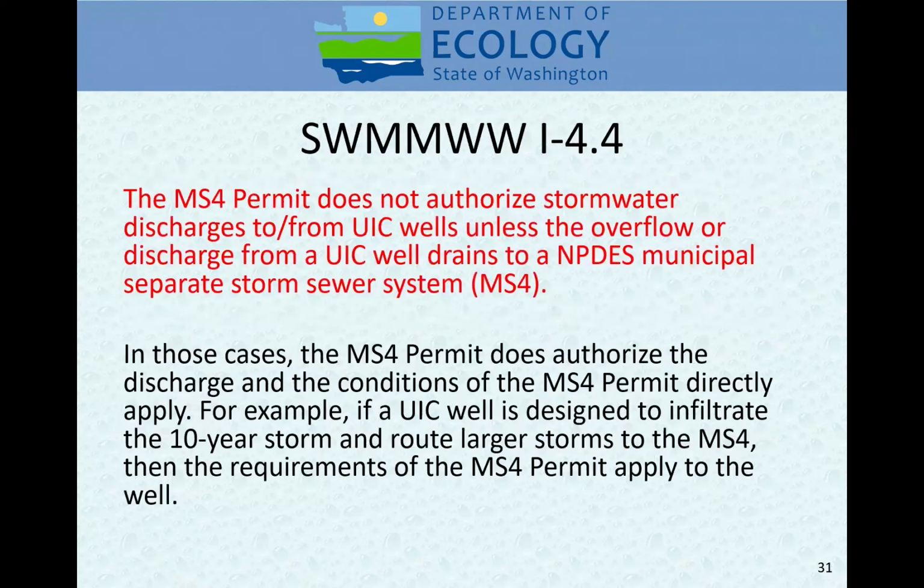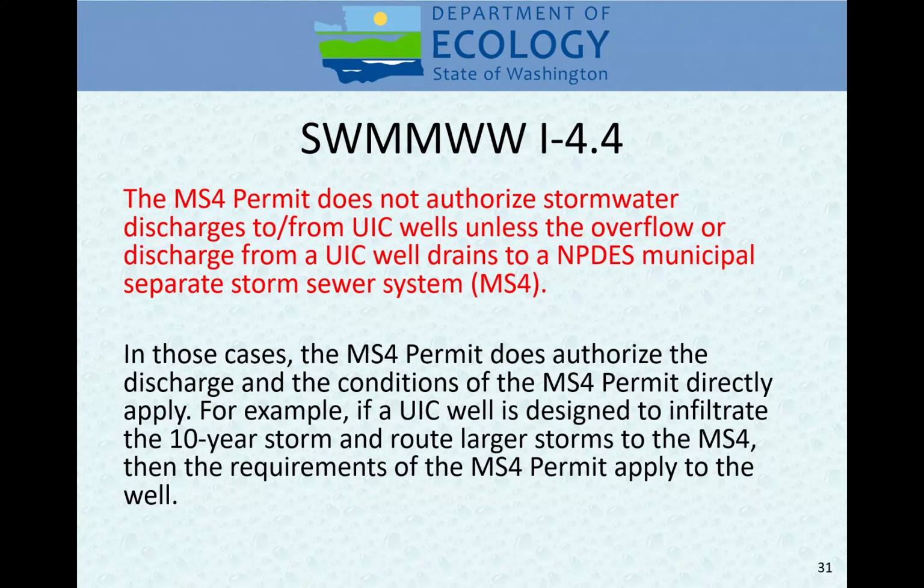So in our stormwater manual, we have this language: the MS4 permit does not authorize stormwater discharges to/from UIC wells unless the overflow or discharge from a UIC well drains to an NPDES municipal separate storm sewer system, MS4. So what does this mean?